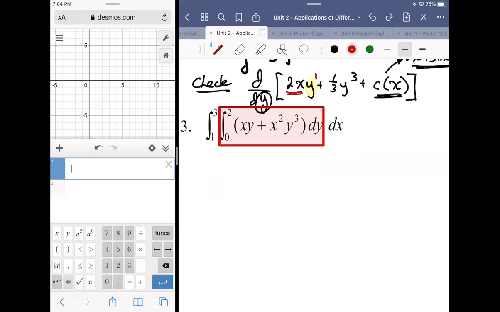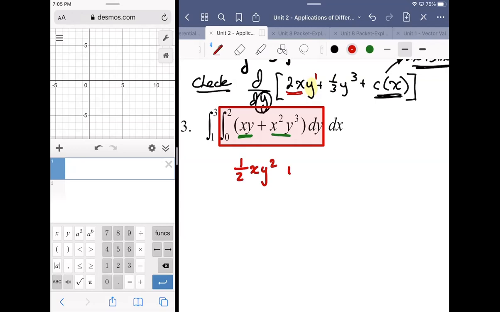All right. So I'm integrating with respect to y. So I'm looking at each of these term by term. The antiderivative of y is 1/2 y squared. So this is 1/2 xy squared, because the x is treated as a constant multiplier, just coming along for the ride. All right. So that's that.